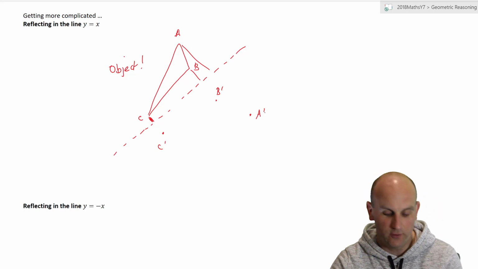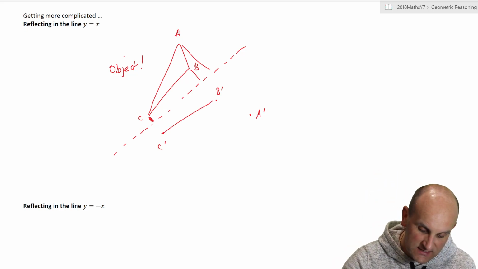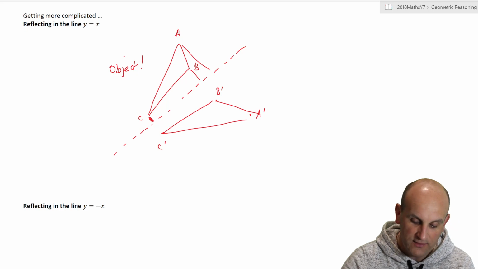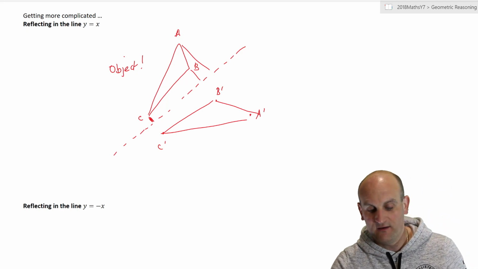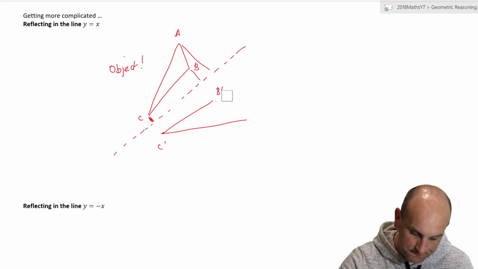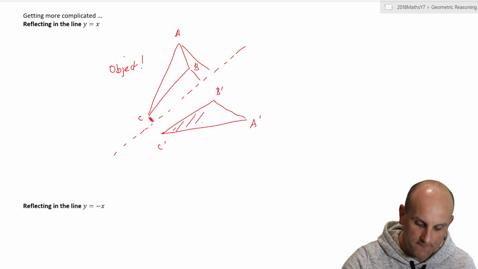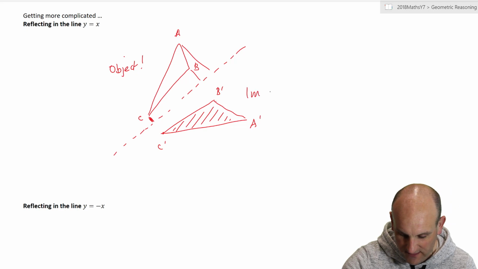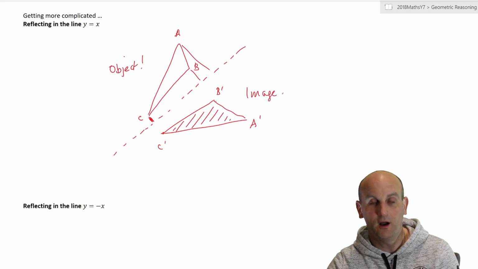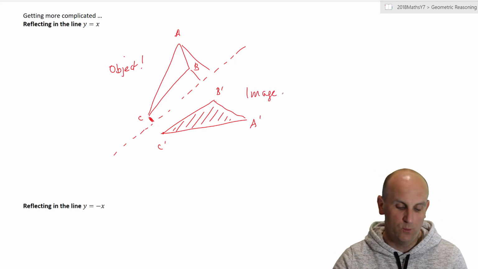And again, I know I'm drawing triangles, but for brevity of this lesson, there is the worst diagram I have ever drawn in my entire life. Let's try that again. And let's make that A dashed. Going to shade it in so that I know this is my image. And lo and behold, I have now reflected in the line y equals x.